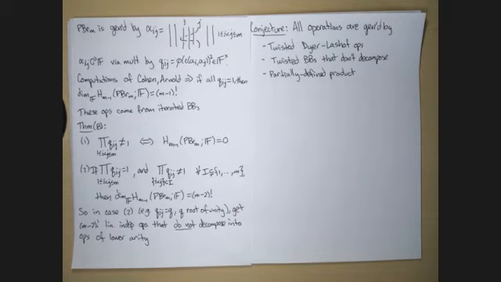I have a question. Yeah. So over in the untwisted case over FP, all the operations are generated in weight less than or equal to P, right? That's right, yeah. Is something like that true in this twisted case as well, or do you expect it to be true?